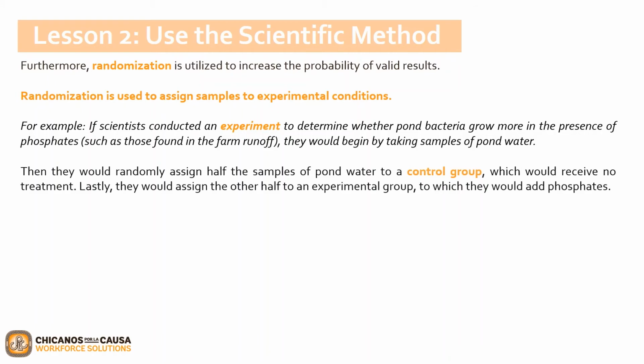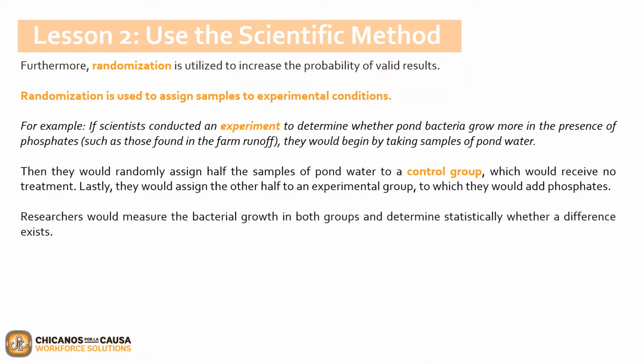Then they would randomly assign half the samples of pond water to a control group, which would receive no treatment. Lastly, they would assign the other half to an experimental group, to which they would add phosphates. Researchers would measure the bacterial growth in both groups and determine statistically whether a difference exists.